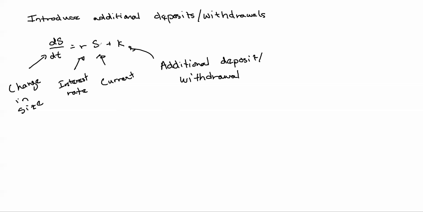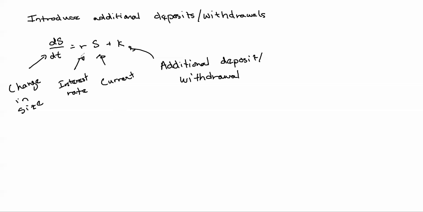For the first time period, they have $1 million times 10%. 10% is a really good interest rate, but they get a $100,000 return, and then they have to withdraw their living expenses because they're retired. So the K in this case would be negative 50,000. Their $1 million produces a $100,000 return, but then they subtract 50,000 because they are taking money out, and so their growth would not be 100,000; it would only be 50,000.